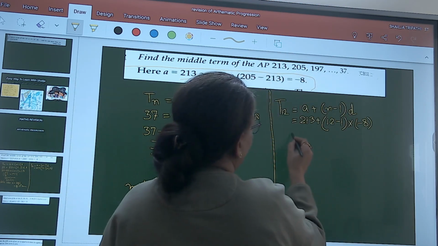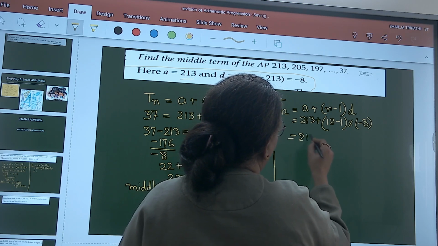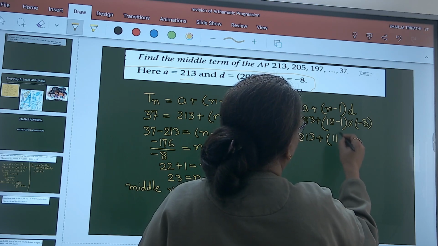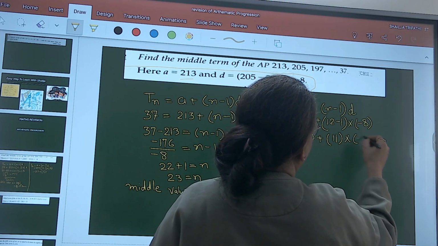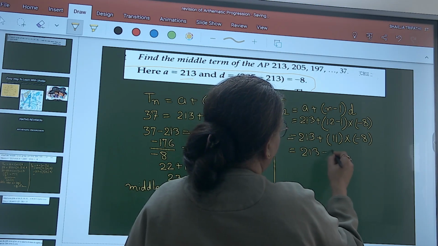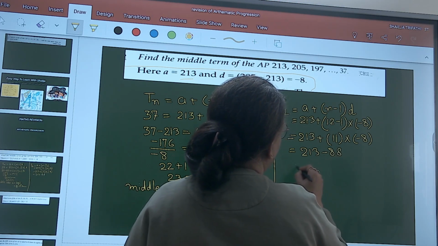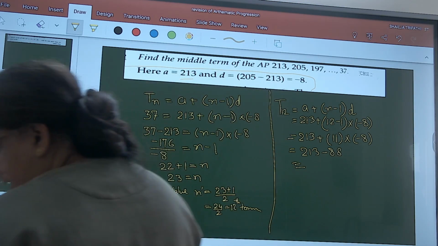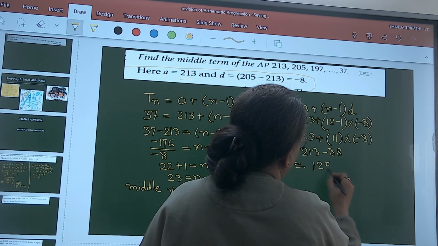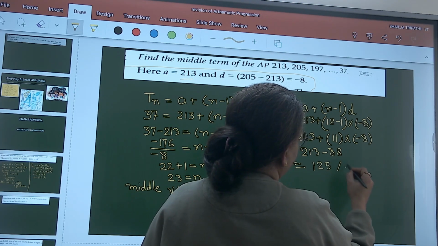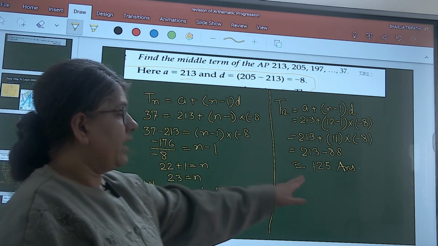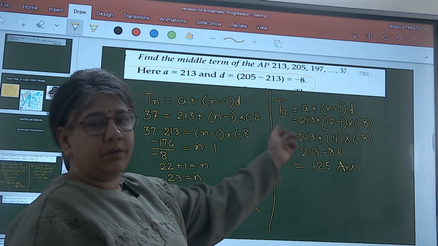Let's see what we get. 213 plus 11 multiplied by minus 8, that is 213 minus 88. So the answer is 125. This is our answer. So the middle term is 125, and the 12th term is the middle term.